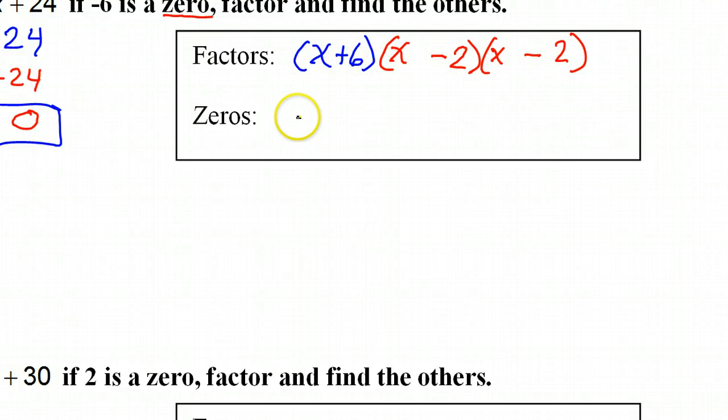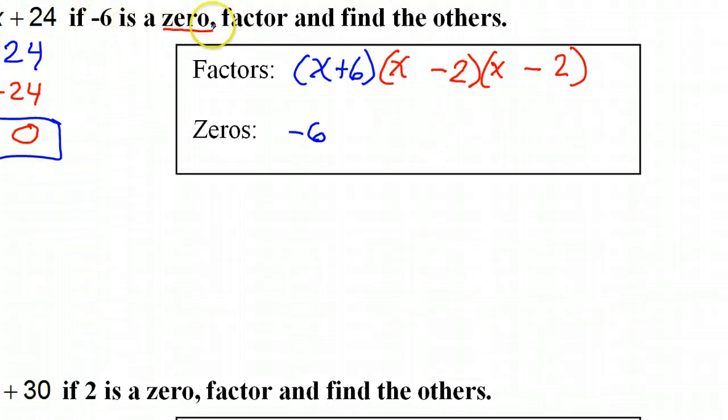And the zeros, of course, this one is going to give me that negative 6. All right, that's the one we were given in the first place, so no big surprise there. But the other two factors, well, they're both the same. This is going to give me a 0 of positive 2. Now, we don't really need to list the other one again, because it's not really occurring twice.